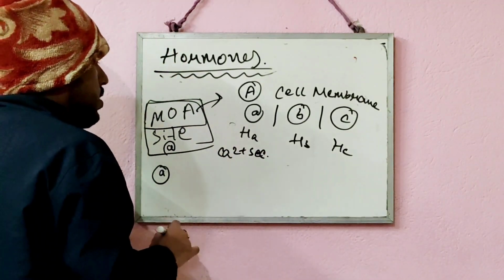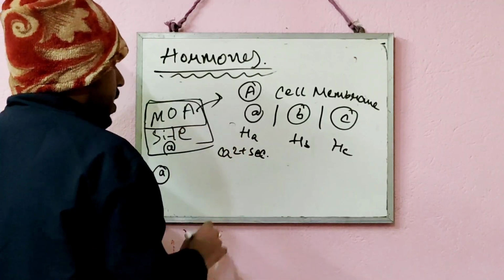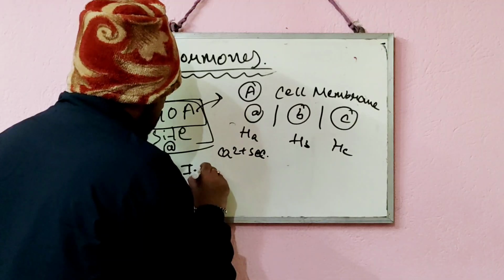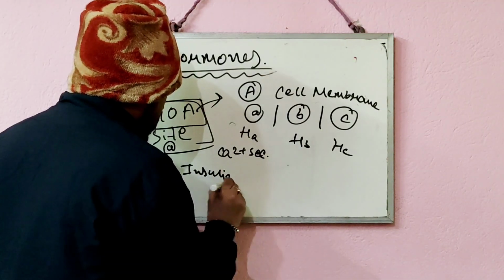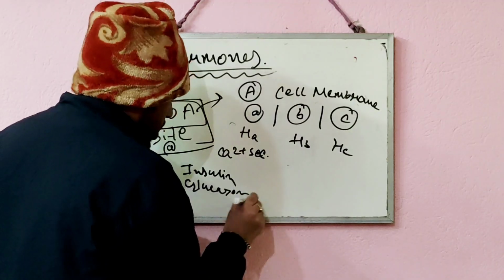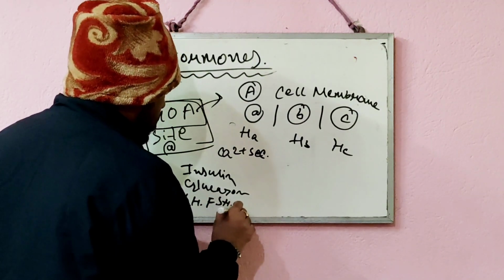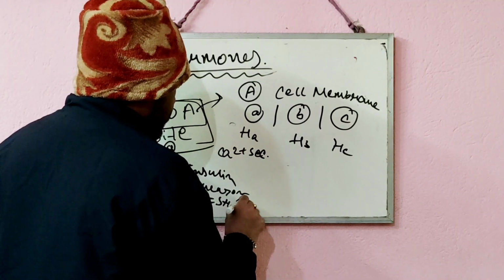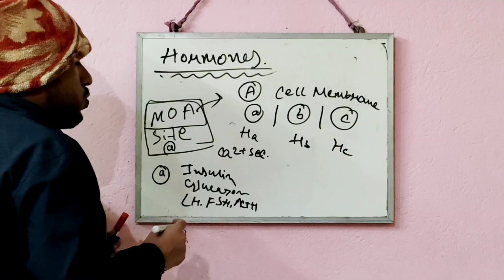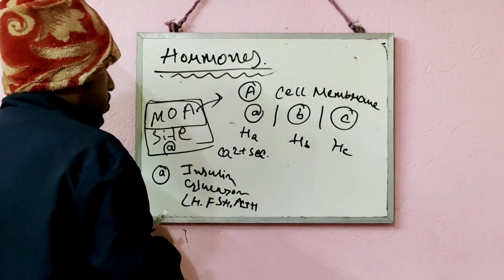For method A, the hormones that show their action by this type of mechanism are insulin, glucagon, LH, FSH, ACTH. All these hormones show their action in the cell membrane by this mechanism of action.